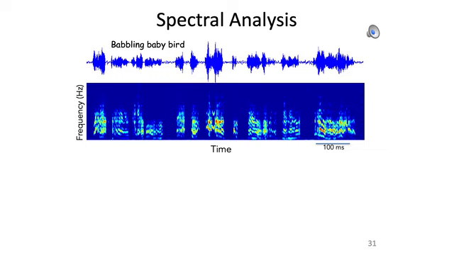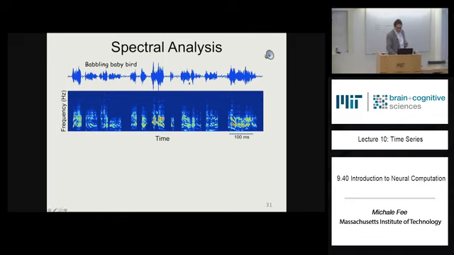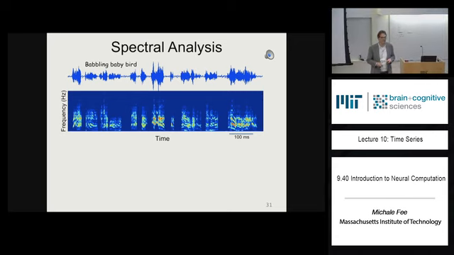It's almost completely uninterpretable. But again, your brain does this spectral analysis, and here I'm showing a spectrogram. Again, this is frequency versus time. Much more cluttered visually, and a little bit harder to interpret, but your brain actually does a pretty good job figuring out what's going on there.